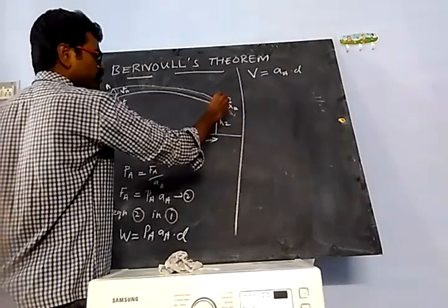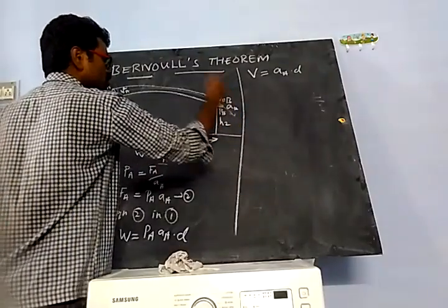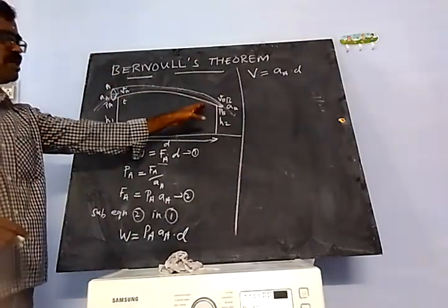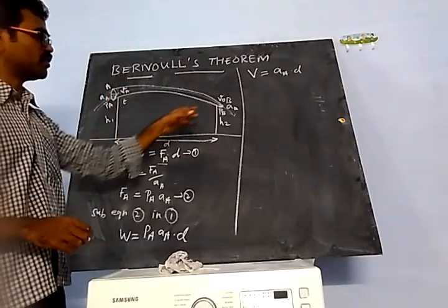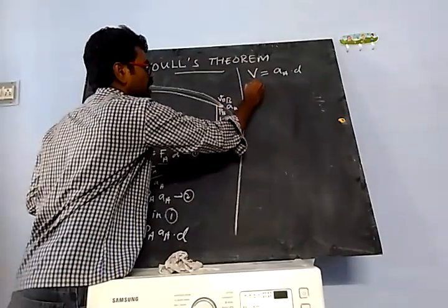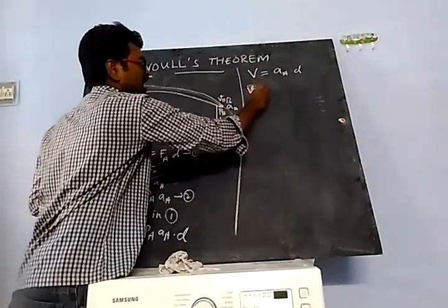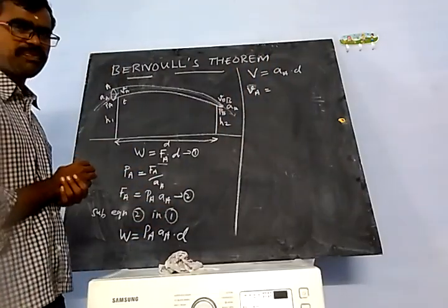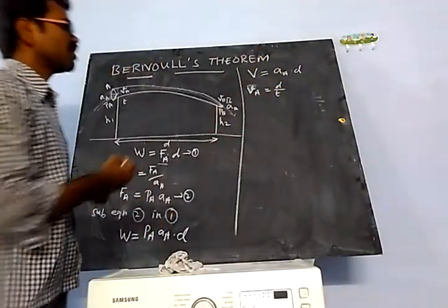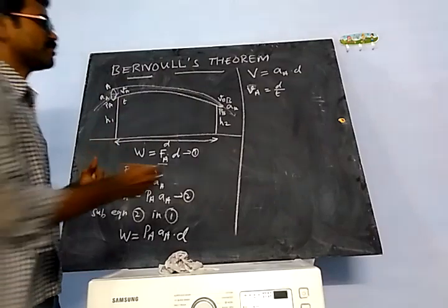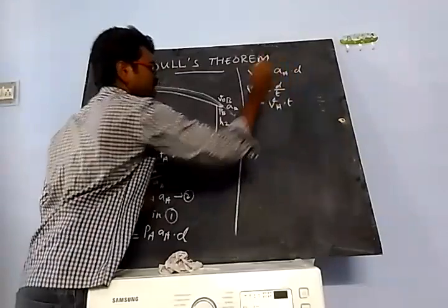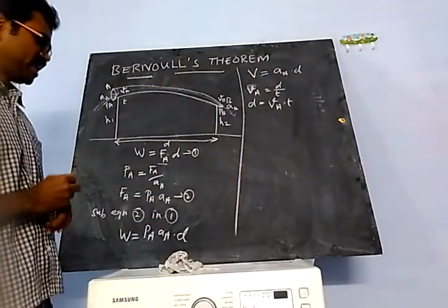Leaving the point B, it has the velocity v_B. v_A is the velocity at the point A and v_B is the velocity of the liquid at the point B. Velocity is equal to distance by time taken, so v_A is equal to d by t. Then d is equal to v_A into t.